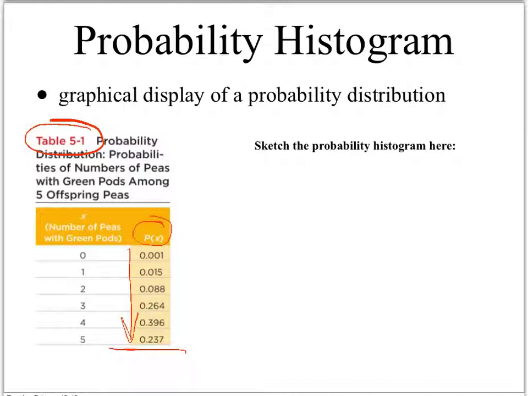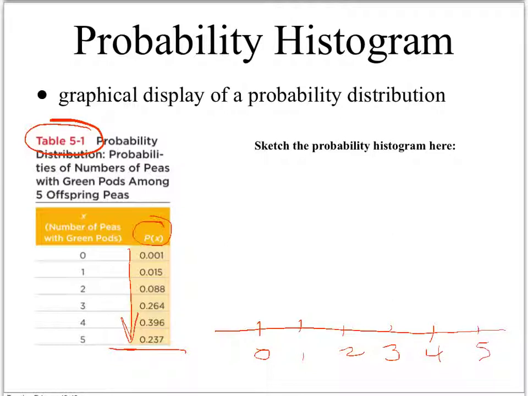So here's how we sketch the probability histogram. The values of the random variable x are placed on the horizontal, and those values are 0, 1, 2, 3, 4, and 5. So I'm going to try and get those on there pretty nicely. 0, 1, 2, 3, 4, and 5.